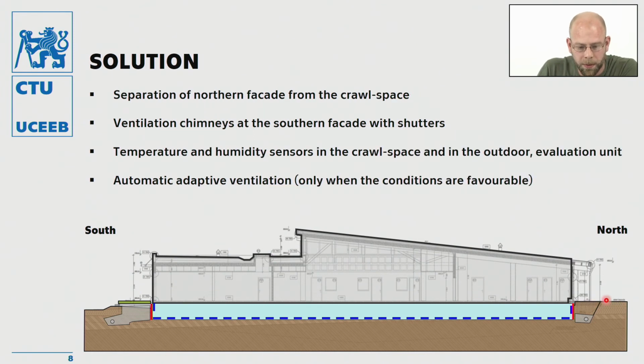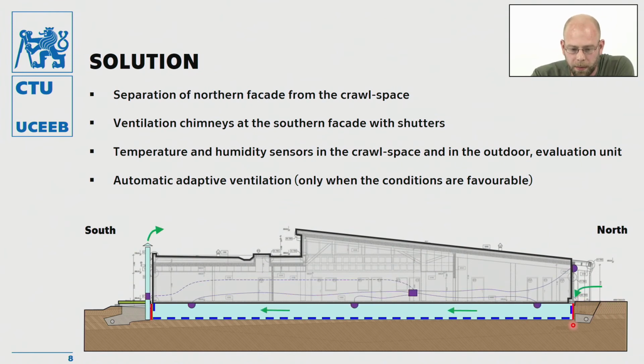But it was not all. Also, the north facade was separated from the crawl space, and the whole ventilation regime was changed. Ventilation chimneys with shutters were installed at the south facade, and the direction of ventilation was like this.